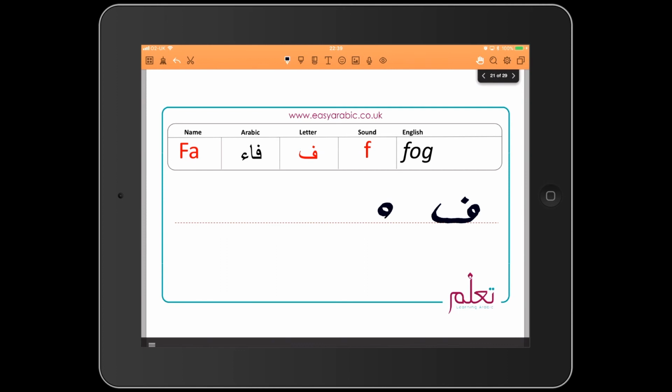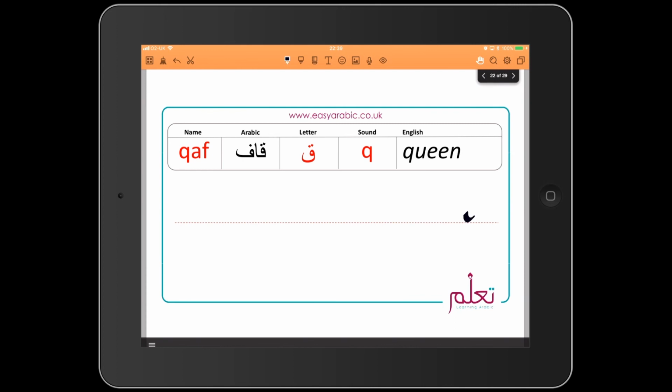Little semicircle, and then Fa, and again circle, and Fa, and again Fa.